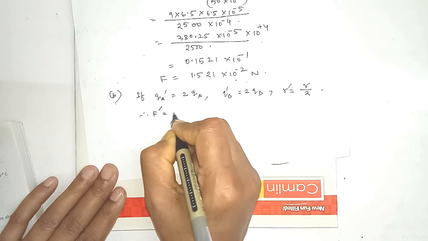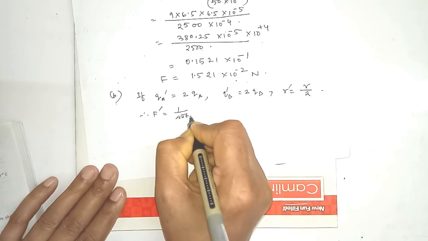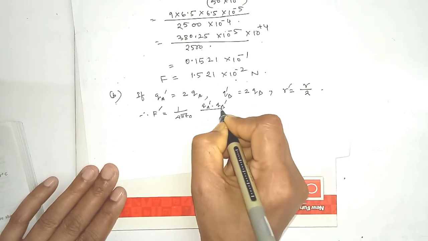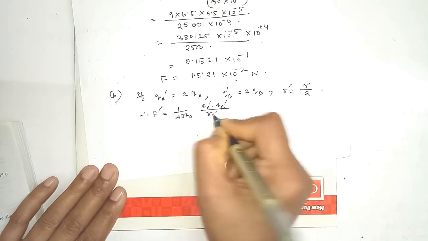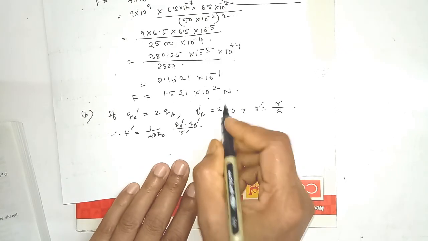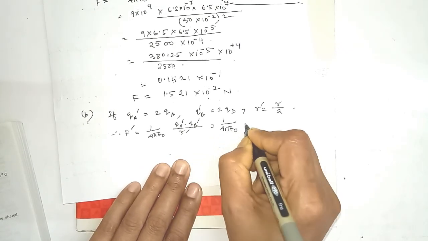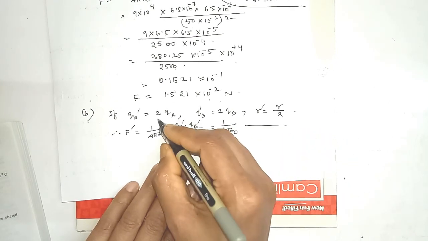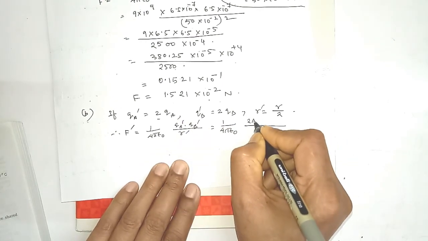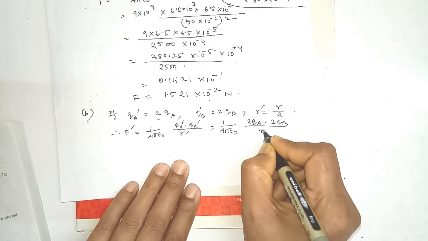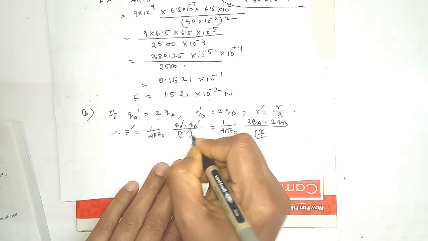That is F dash equal to 1 by 4 pi epsilon naught into QA dash into QB dash by R dash square, which is 1 by 4 pi epsilon naught into 2 QA into 2 QB by R by 2 whole square.